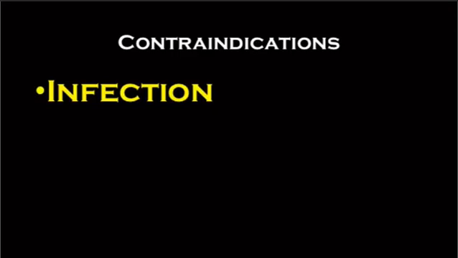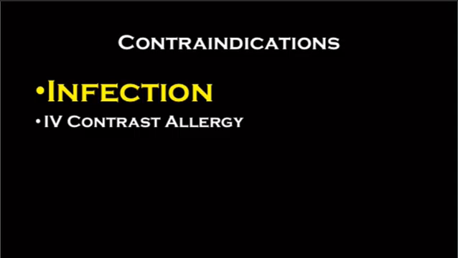Manipulation of an infected graft or fistula can cause vascular dissemination of microorganisms, and cause full-on sepsis, osteomyelitis, endocarditis, etc., etc. You're not supposed to mess with infected grafts. So if the question is absolute contraindication for fistulogram, the answer is infection. What about IV contrast? That is a contraindication, but usually there's an alternative, which is to do CO2.